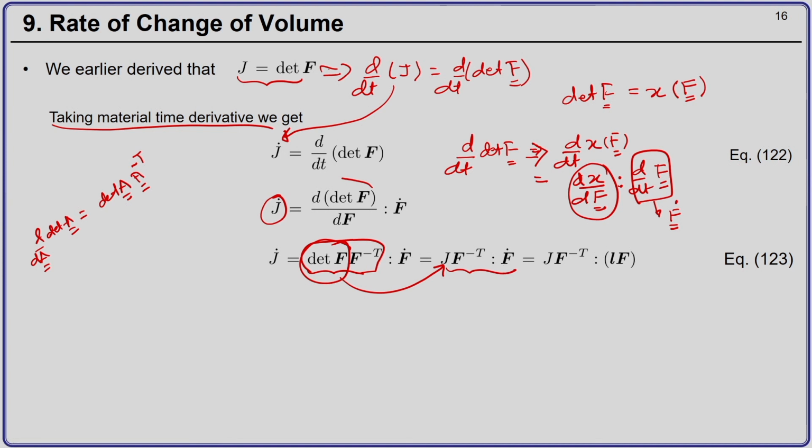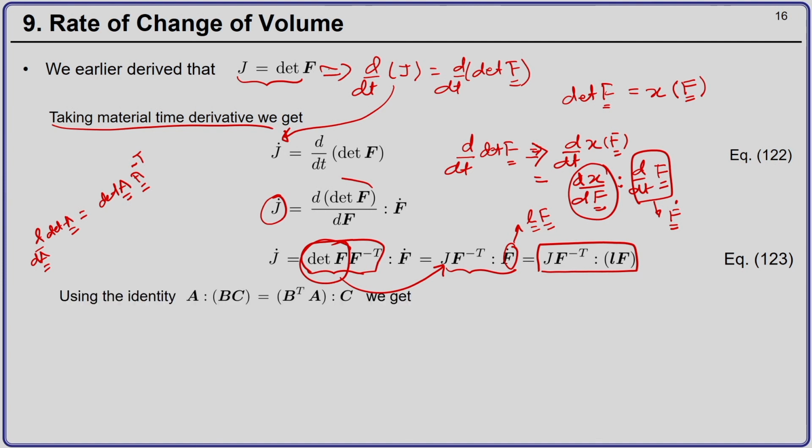Now, F dot is nothing but the velocity gradient tensor times the deformation gradient tensor F. So, F dot is LF, and I can substitute to get J F inverse transpose double contracted with LF.